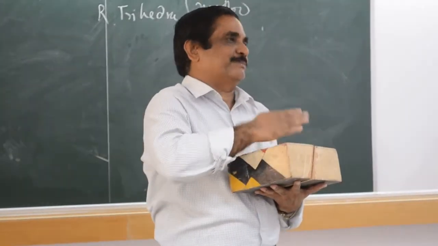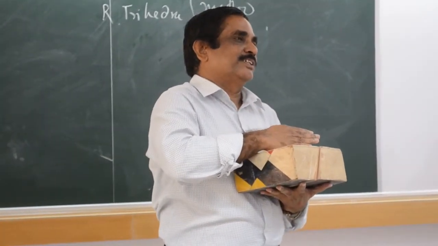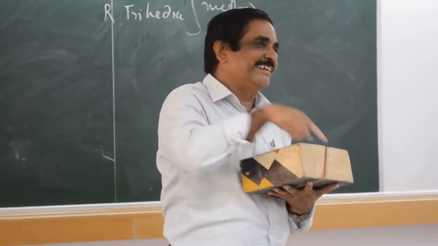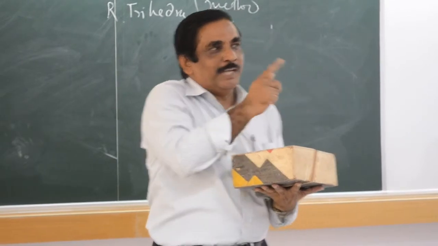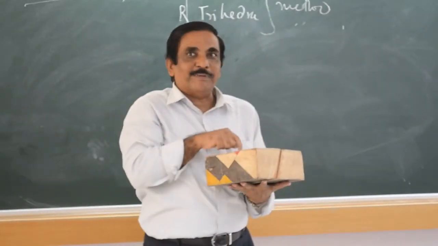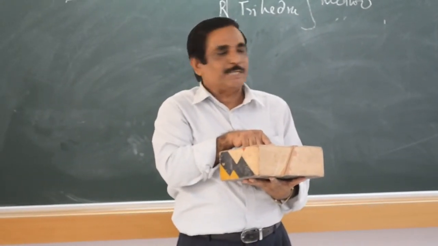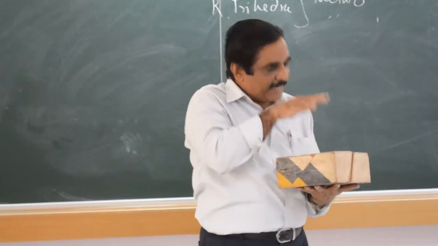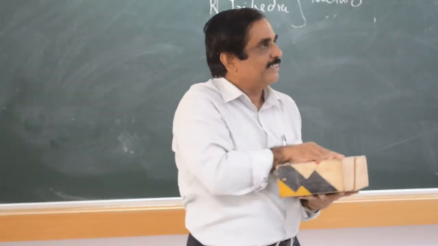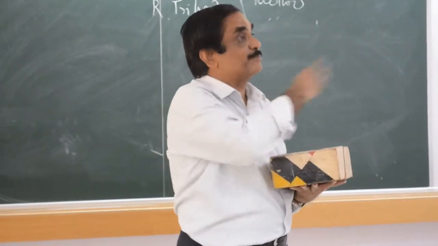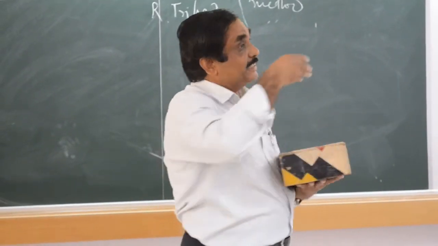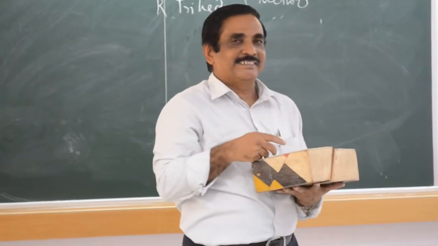Suppose fault is like this, fabric is like this. So slickensides will be like this, if it is like this. Slickensides will be like this. So you will have faults of different orientation. If there is a pre-existing fabric and a stress is working, you will get faults of different orientation. Different orientation means strike and dip will be different. Slickensides direction will be different. है कि नहीं?